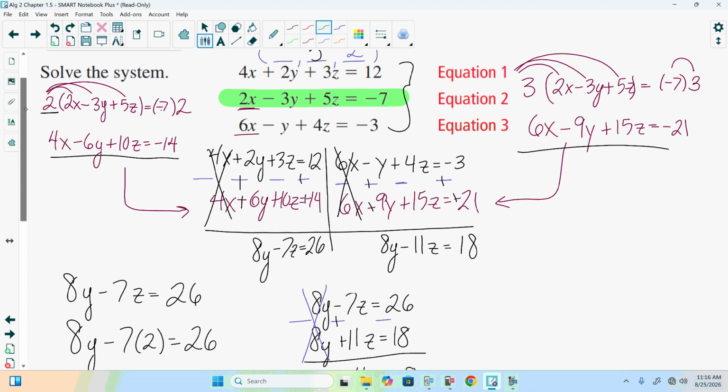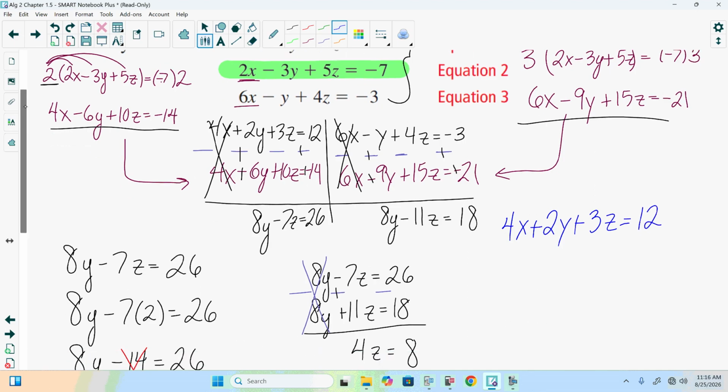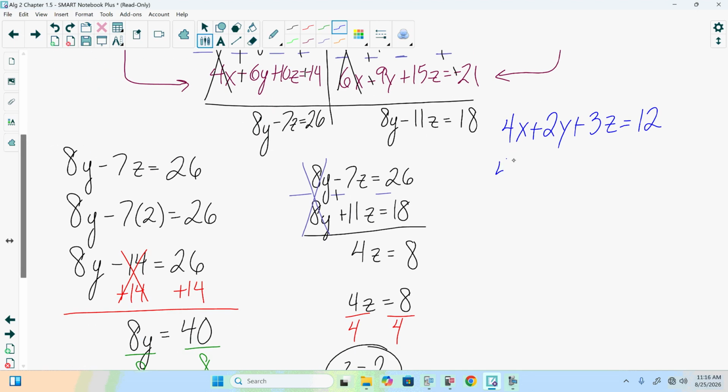First one. So what we're going to do is take that equation and solve for our remaining variable. At this point, we are just finding x: 4x plus 2y plus 3z equals 12. Now we need to plug in for y, because we found y to be 5 and z to be 2.